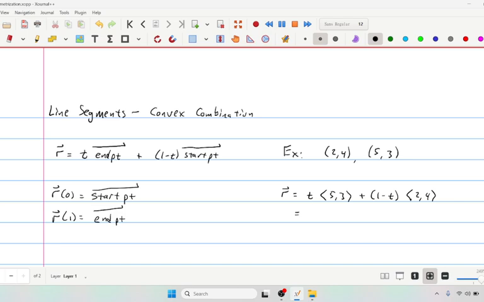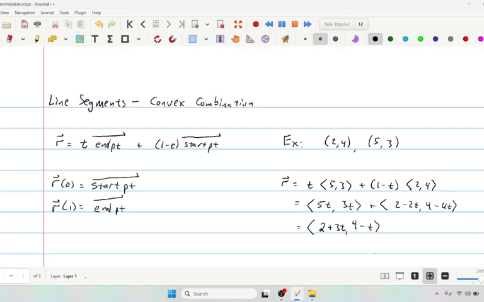If we distribute t through the components and distribute 1 minus t through our components here, we've got 5t, 3t, plus 2 minus 2t, 4 minus 4t. And then if we combine these two vectors together, if we add the x components, we get 2 plus 3t, and then 4 minus t.